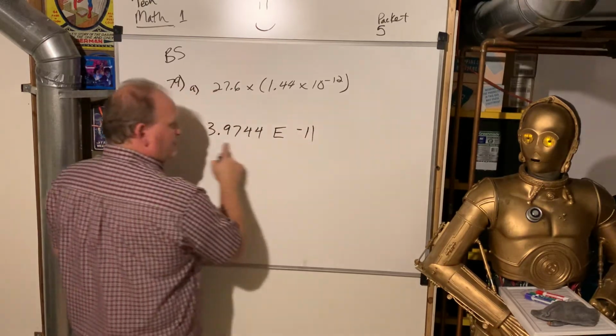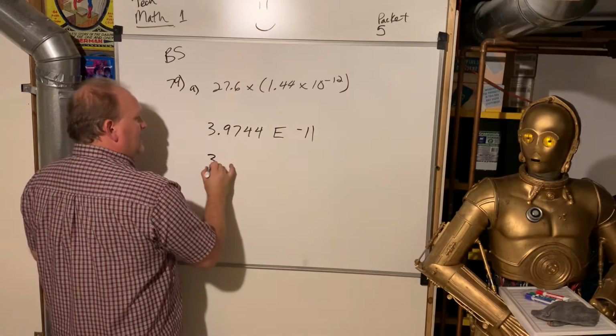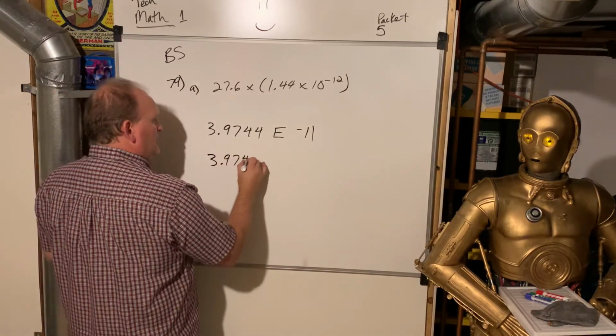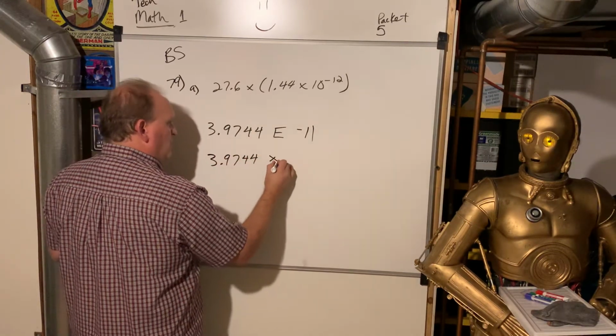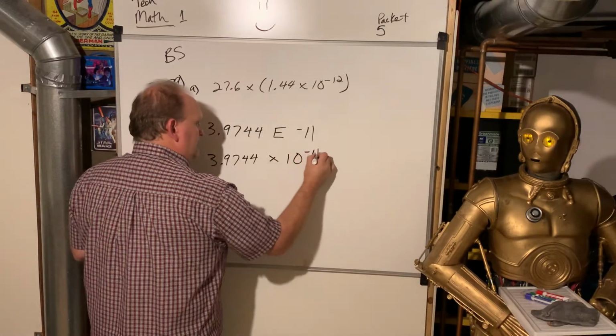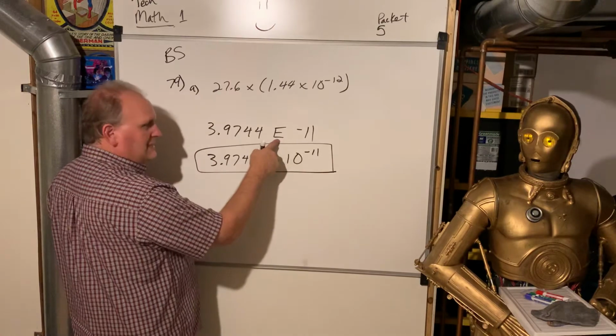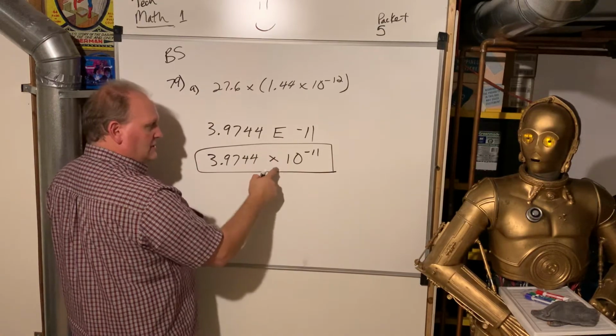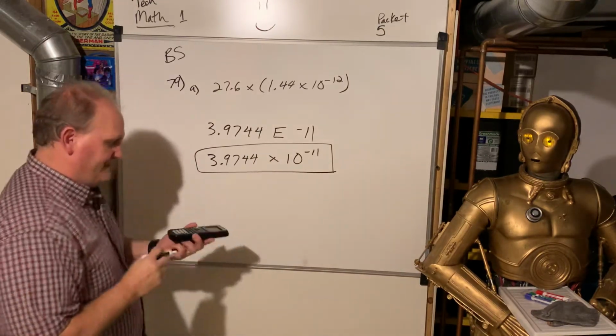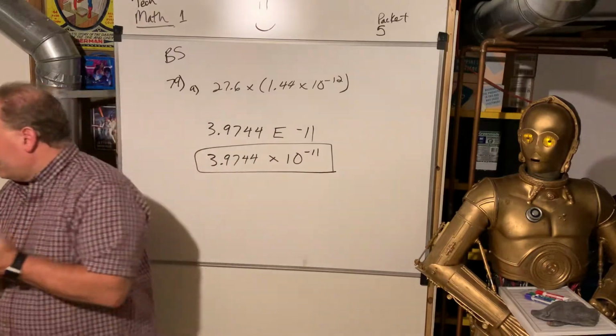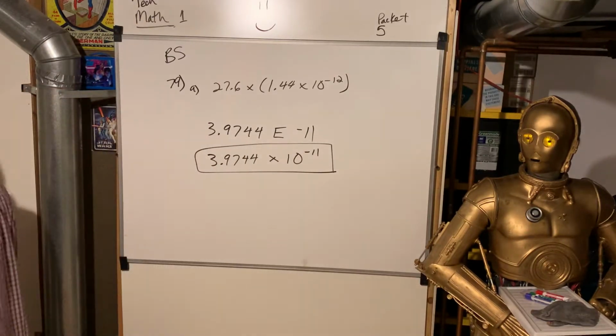I do not put that down as an answer. That is in calculator notation, and I transform it into scientific notation. So do not give me calculator language. I need it like that, all right? So that's what I wanted to demonstrate on B.